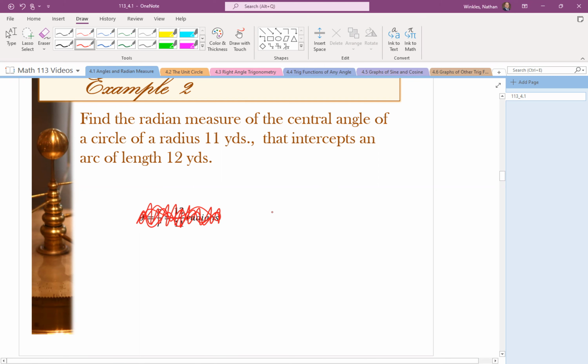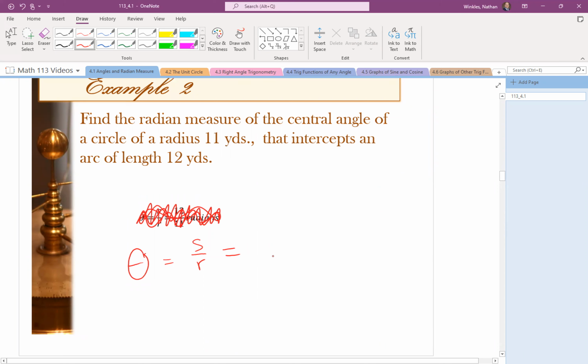We're told to find the radian measure of the central angle of a circle of radius 11 that intercepts an arc length of 12 yards. Our definition stated that theta equals S over R. So we need to figure out which one is which.